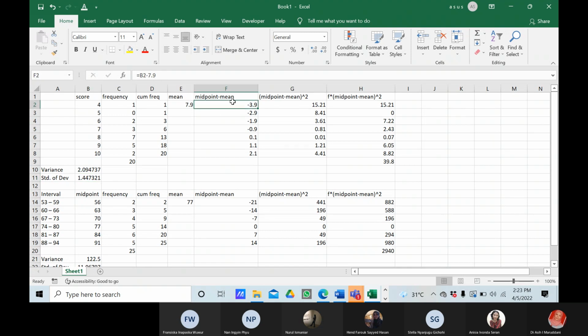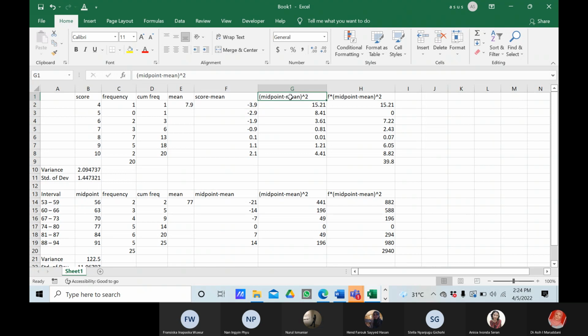This is the score minus mean. For the first row, the score minus mean will be 4 minus 7.9. It is minus 3.9, and so on.